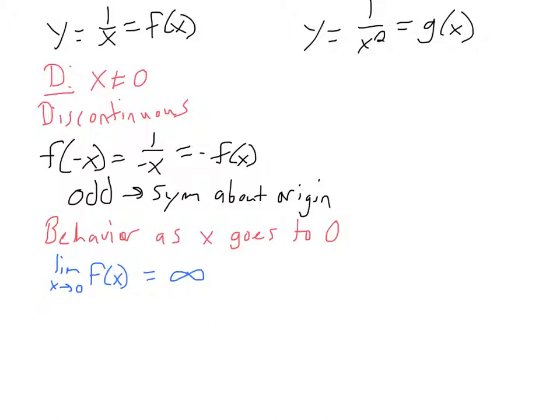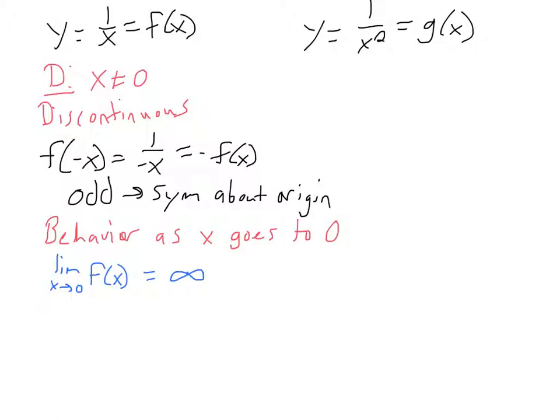So as x goes to 0, it approaches infinity. And it turns out it really depends on which side you approach it from, because what happens if I plug in really small negative numbers? It's really big negatively, right?